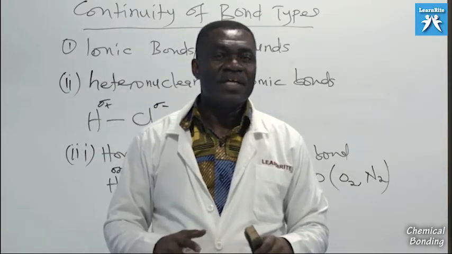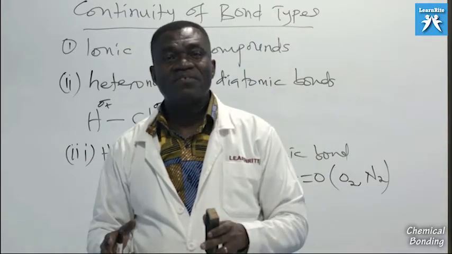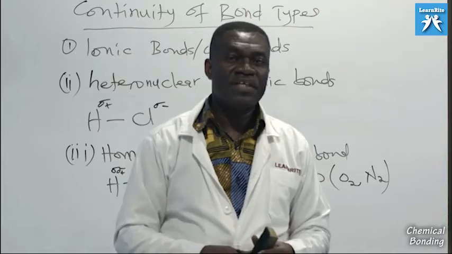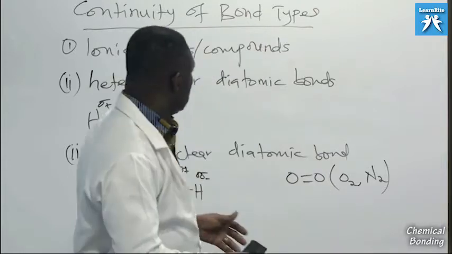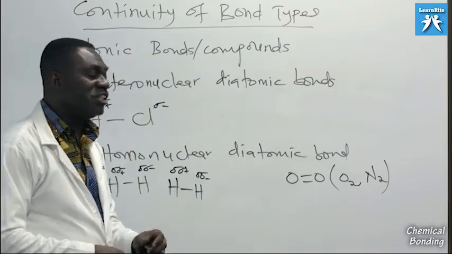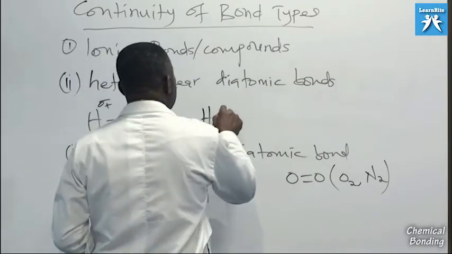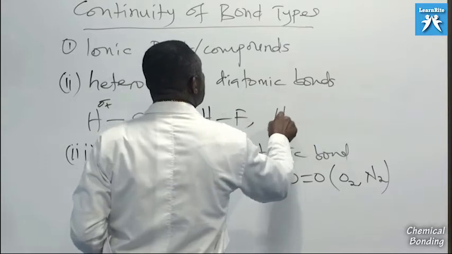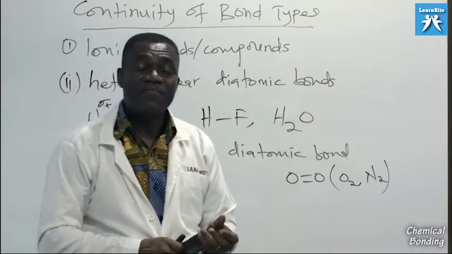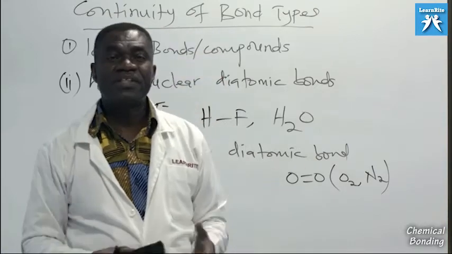Why? Because in those that do not behave as very pure ionic compounds, polarization in there is high, and therefore covalency comes in. When you take a heteronuclear diatomic molecule like HCl or HF, water, any of them, they are different atoms, and so have different electronegativities.